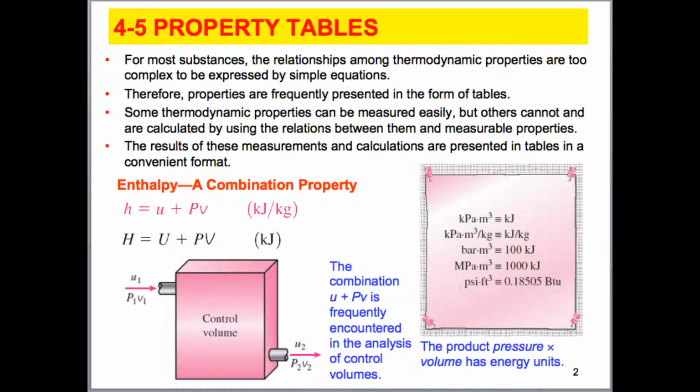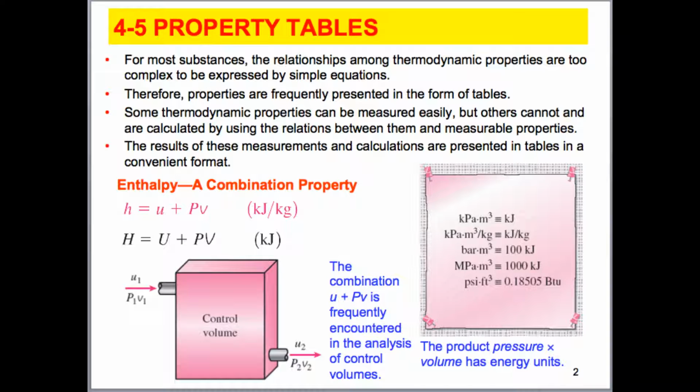Another property you're going to notice in there is something called enthalpy. Now, enthalpy combines the internal energy of a process with pressure and volume. Now, why do we do this? Up to now, we've been primarily talking about closed systems.